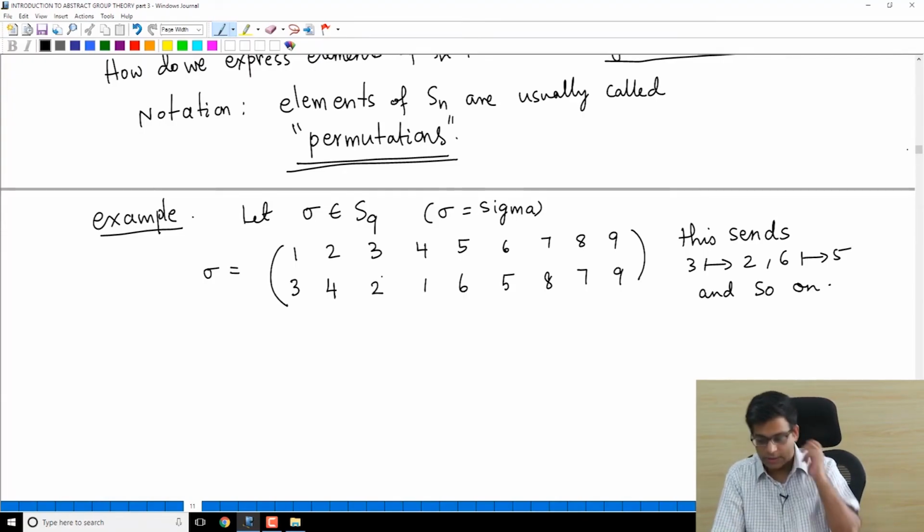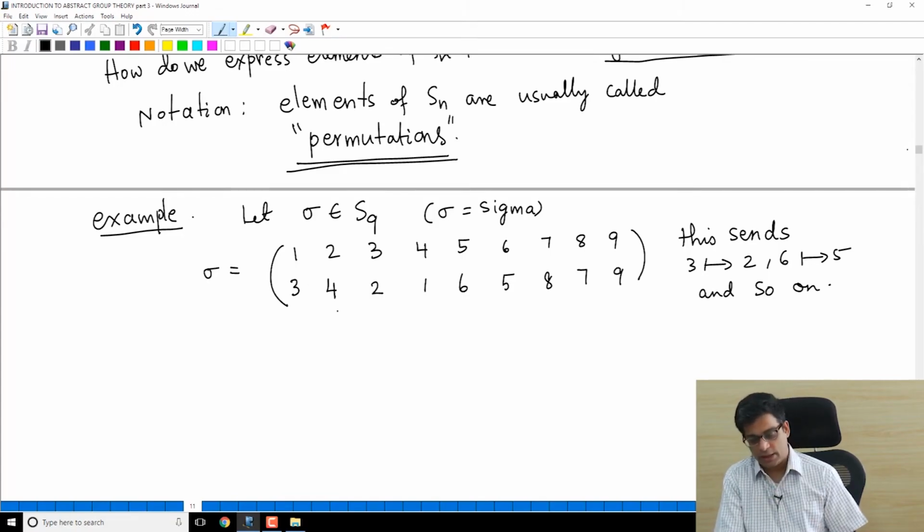So clearly this is nice, it tells you what sigma does as a function. Remember, elements of Sn, which I am calling permutations, are really functions. They are functions from 1, 2, 3 up to n to 1, 2, 3 up to n. So in that way sigma is clear: 1 goes to 3, 2 goes to 4.